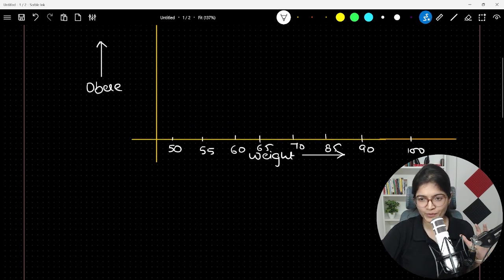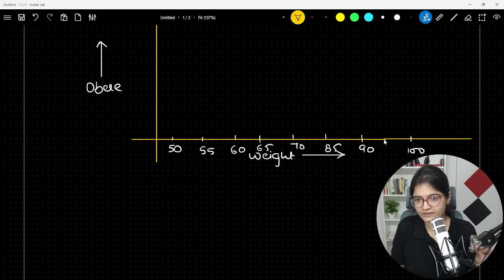Now, I hope it is visible, right? This is 100. So these are all the values that we have, ranging from 50 to 100.